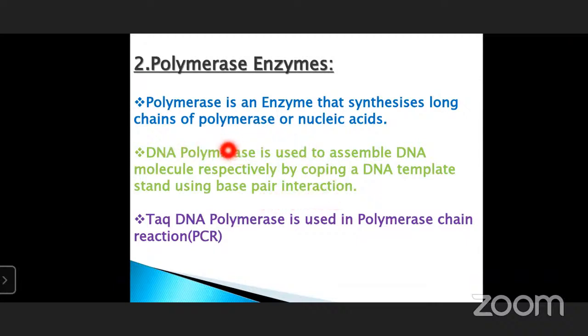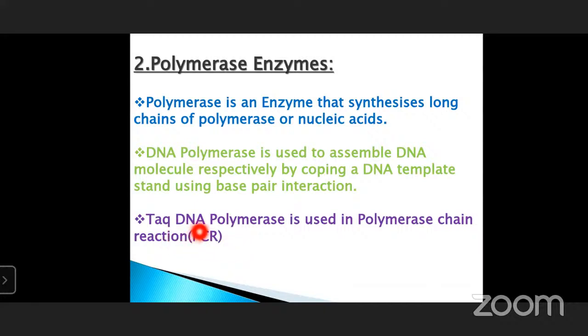With the help of DNA polymerase enzymes, the DNA molecule is copied at a specific point. In recombinant DNA technology, Taq DNA polymerase enzyme is used in PCR, polymerase chain reaction, to amplify the desirable gene.